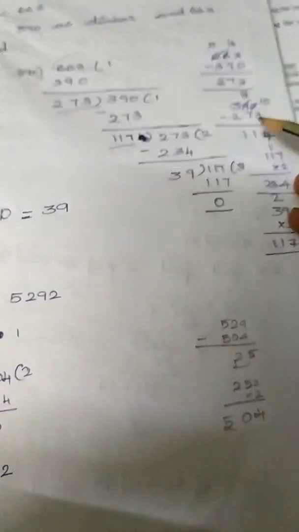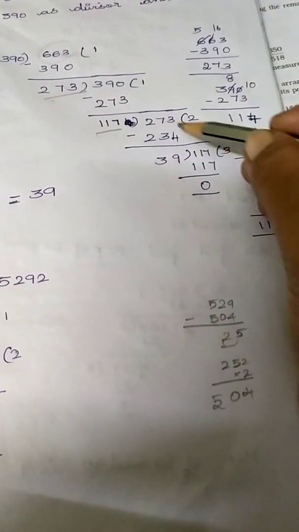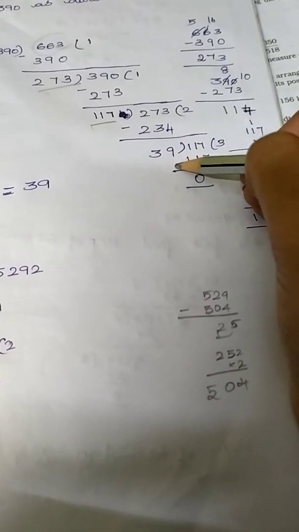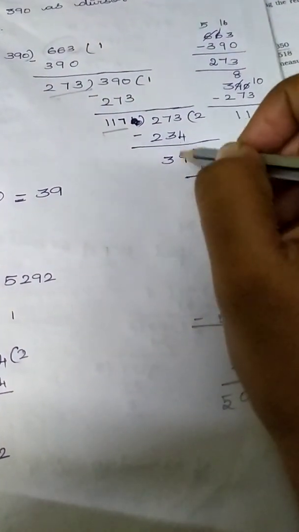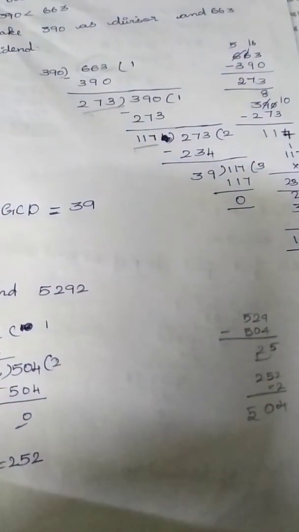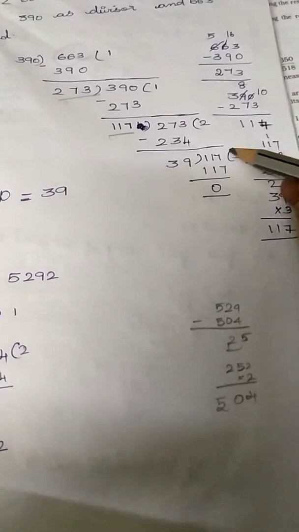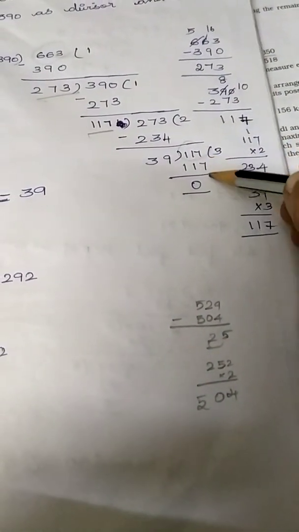Now 117 twos are 234. So write 234 and subtract. If you subtract, you are getting 39. Now compare this 39 with the previous divisor 117. 117 is bigger, so use 117 as the dividend. 39 threes are 117.